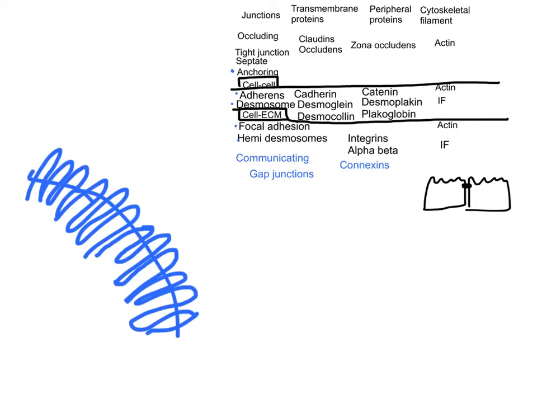There were other junctions that I mentioned. Does anybody remember one? Communicating junction? Plasmodesmata. So that shows up on some weird exams. Plasmodesmata are in plant cells. In plant cells, you actually have ER that goes from one cell to another, going through plasmodesmata.